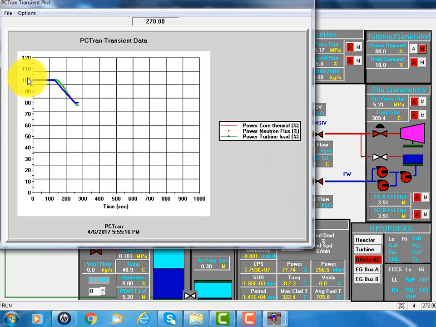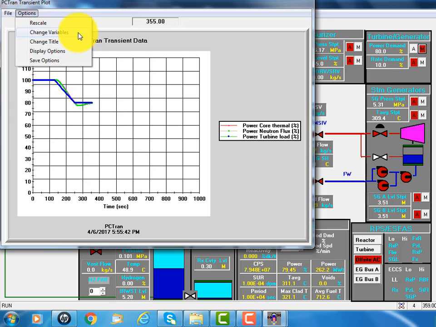You see the power drop to 80% in 2 minutes. That's the turbine, the blue, color coordinated. The green is the neutron flux, and the red is thermal power. They follow each other very closely because of the control system in place.